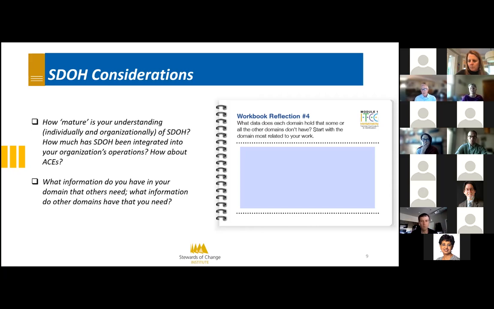Because once we start to talk about the various social factors, and I don't really love the word determinants, it becomes a term of art. We can go into this work with an assumption that, oh yeah, I've heard the term 1,000 times, I know what it means. But of course, there are different levels of understanding, both individually and organizationally.